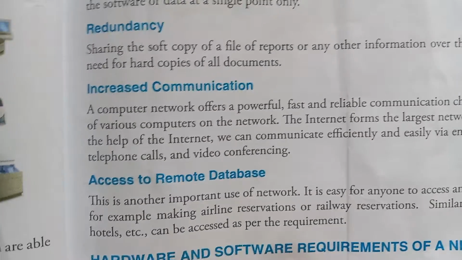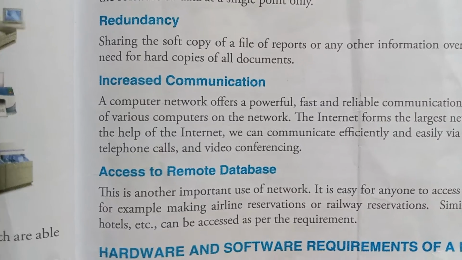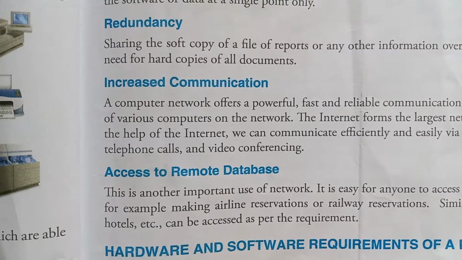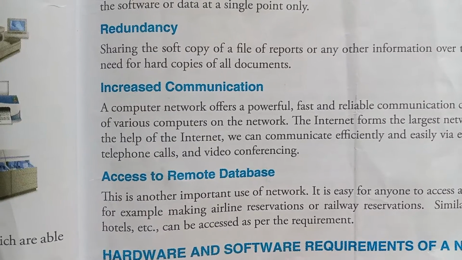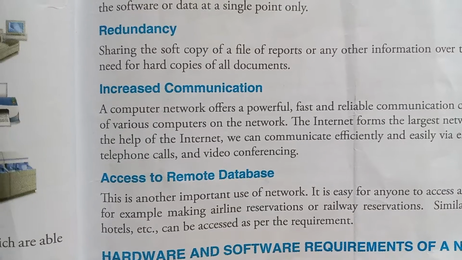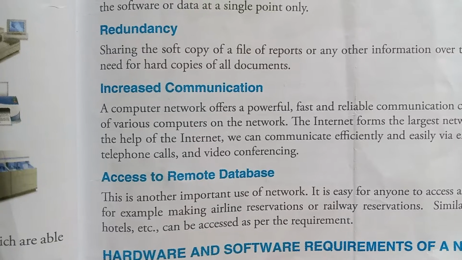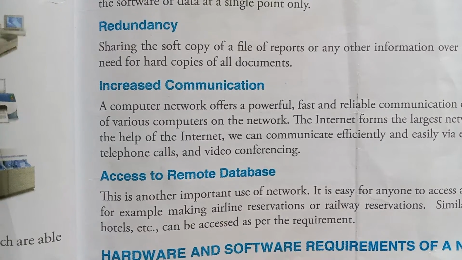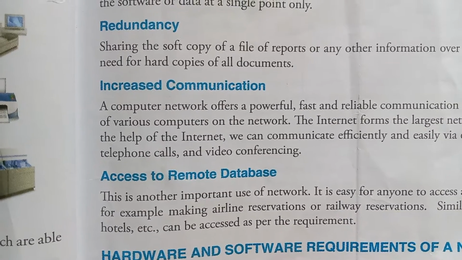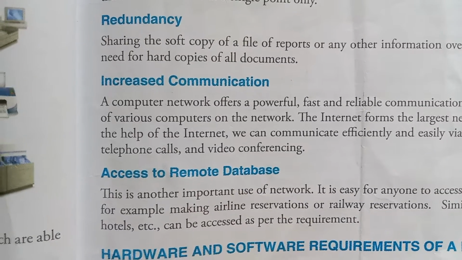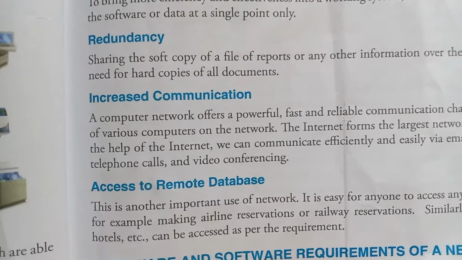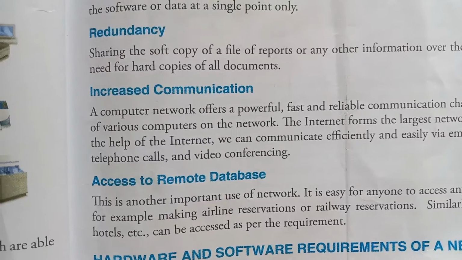Access to remote database. This is another important use of a network. It is easy for anyone to access any remote database, for example making airline reservations or railway reservations. Similarly, online universities, hotels, etc., can be accessed as per the requirement.